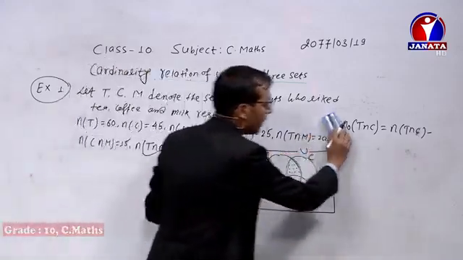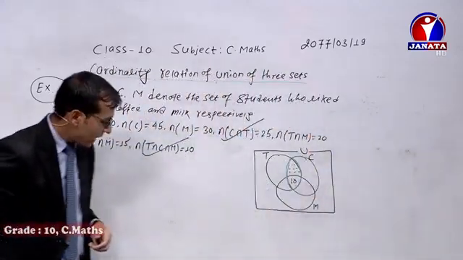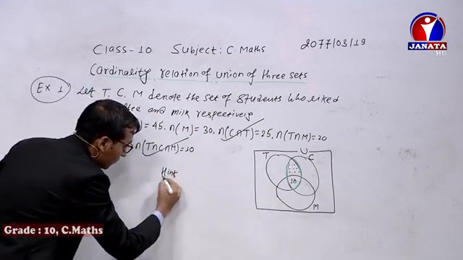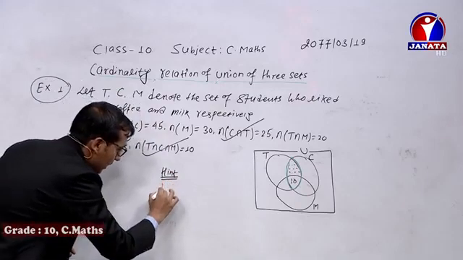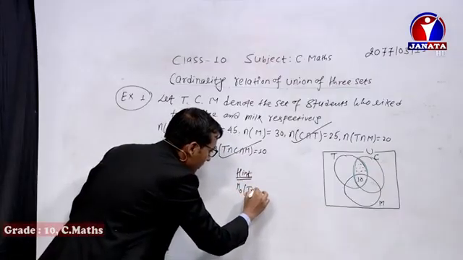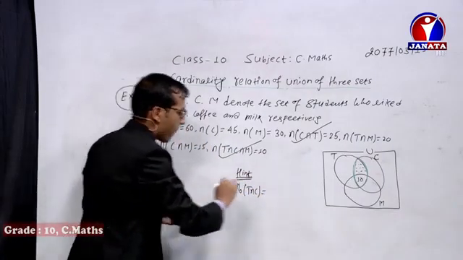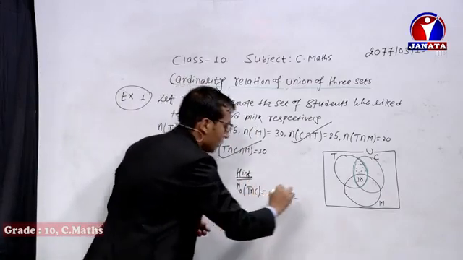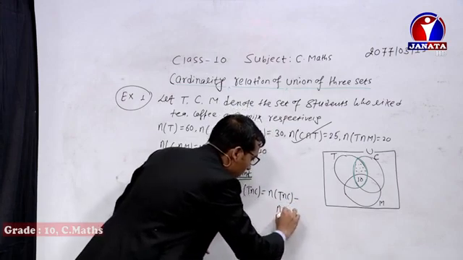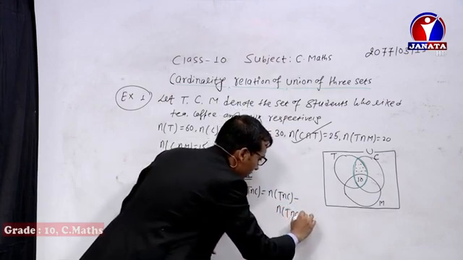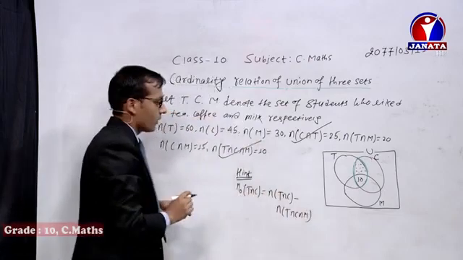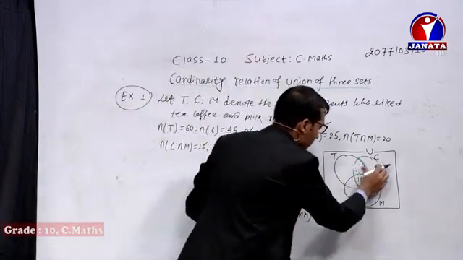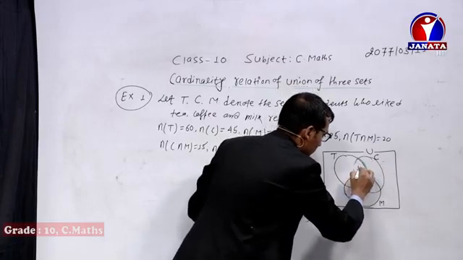Let me write the hint over here: only T ∩ C is n(T ∩ C) minus n(T ∩ C ∩ M). So 25 minus 10 is 15.